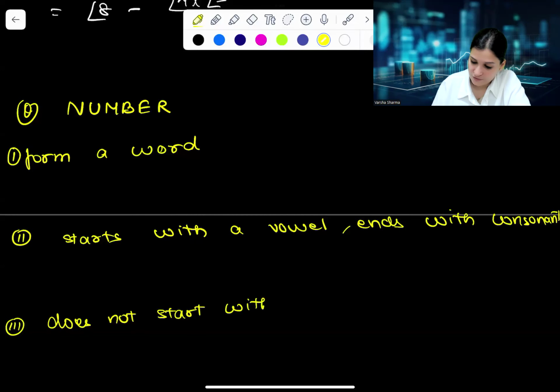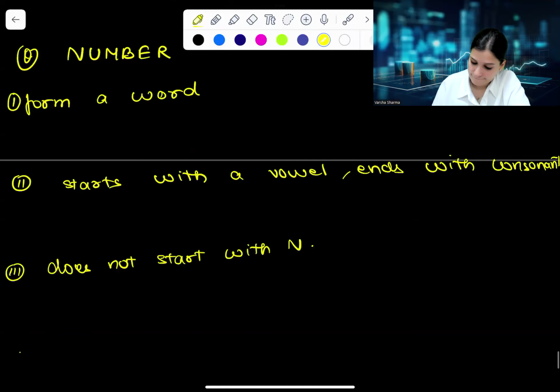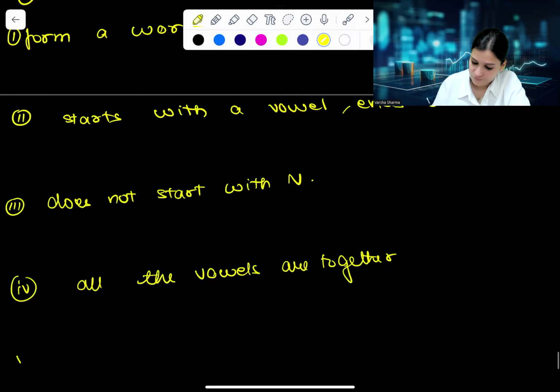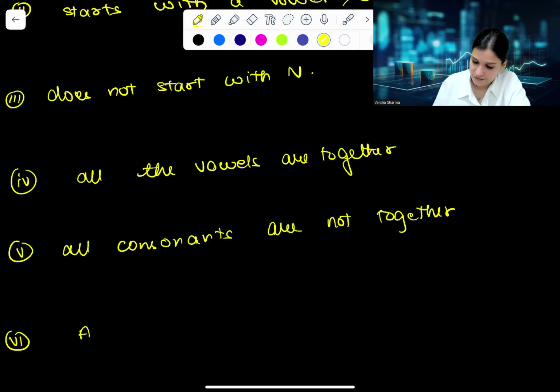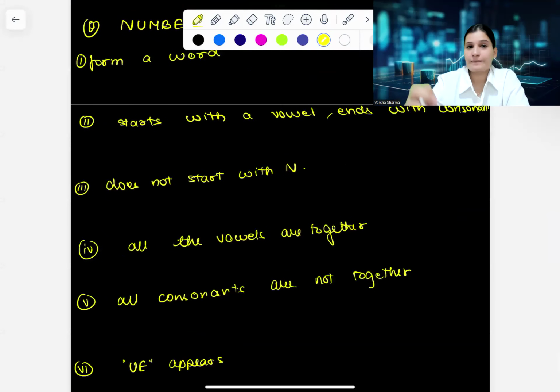Does not start with N. All the vowels are together. All consonants are not together. UE appears.